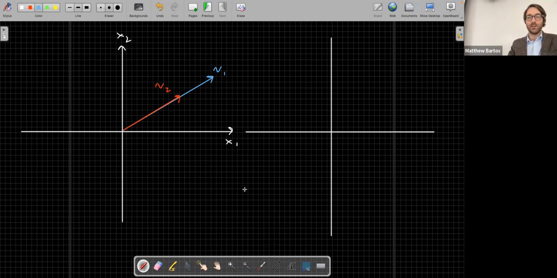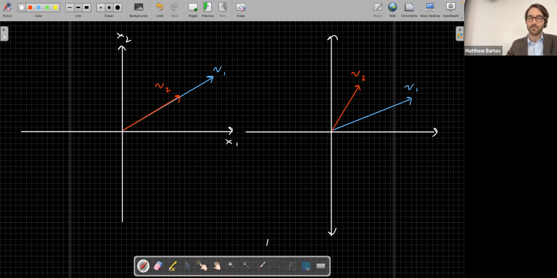Linearly independent vectors in R2 are basically everything else. Everything that is not collinear would be a set of linearly independent vectors in R2. So this set of vectors, for example, would be linearly independent.